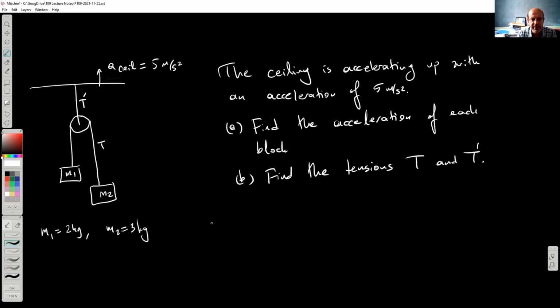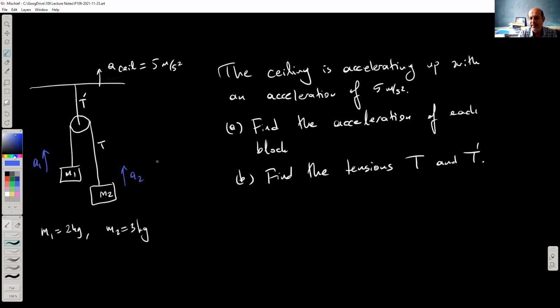I'll talk about things from real life. Okay, so it is accelerating up with this acceleration. And we have this usual arrangement here. We would like to find accelerations of both objects. Let's just assume that they are accelerating upward. Let's call the acceleration of this one A1 and the acceleration of this one A2.